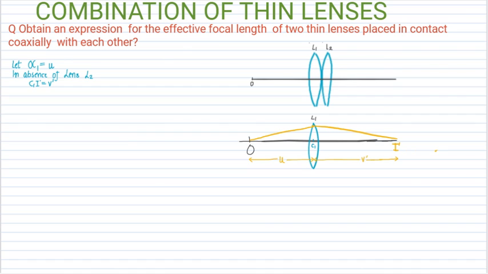Now, for your lens L1, the focal length is represented by f1.